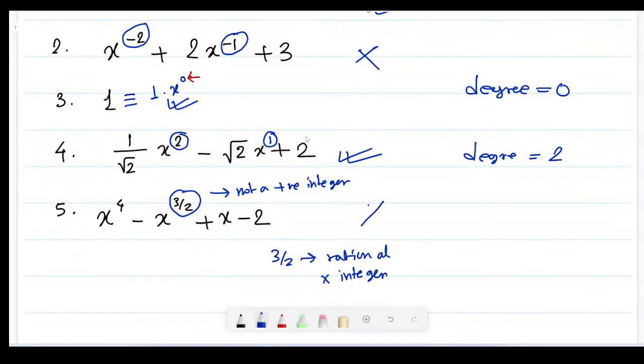So this is not a polynomial, because we have strictly learned that in a polynomial, the degree of each variable must be a positive integer. Okay.